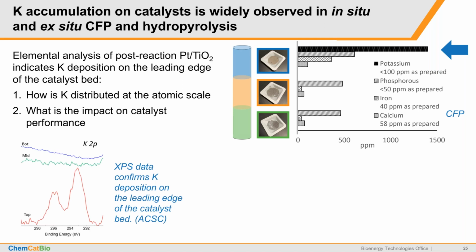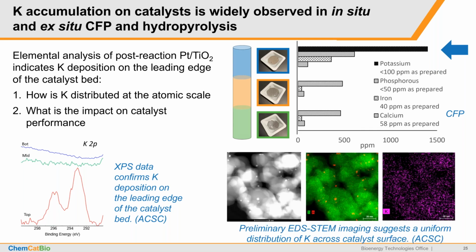So we have some preliminary data with ACRC showing that potassium deposition on the leading edge is true by XPS analysis. Further, TEM images suggest that this potassium is uniformly distributed on the catalyst surface. That's really important information, because if this potassium forms large clusters or crystals somewhere, maybe it's less of a problem.